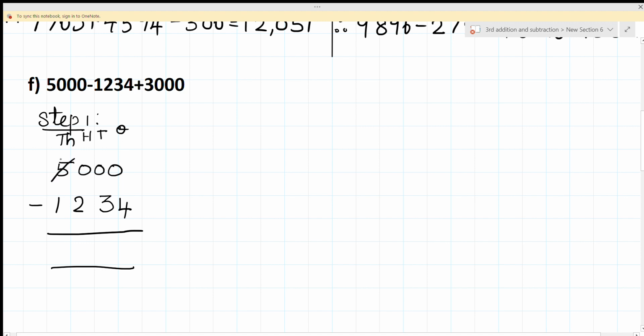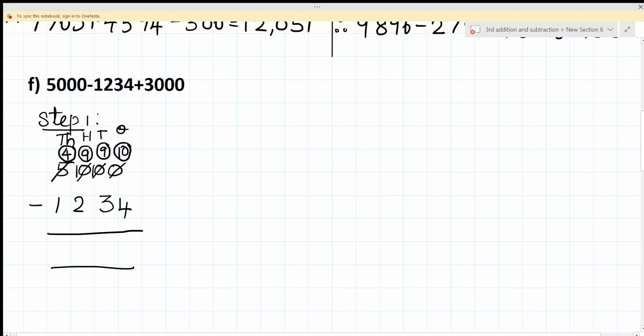So if you borrow 1 from 5, it becomes 4. And the borrowed number we should write before the hundreds place, and borrow 1, it becomes 9. And in tens place we are going to borrow 1, so again it becomes 9. And in ones place you just write 1 before the digit. So now we have 10 and 4.